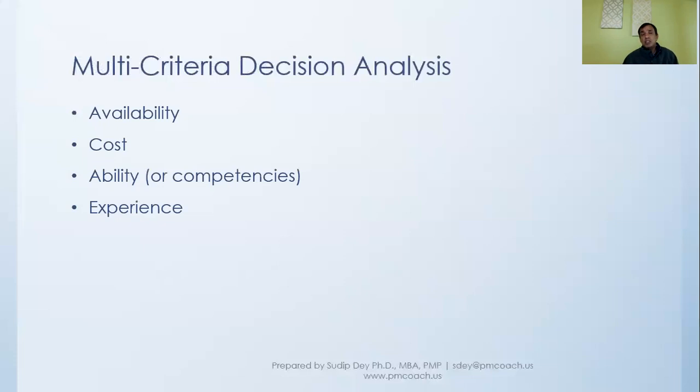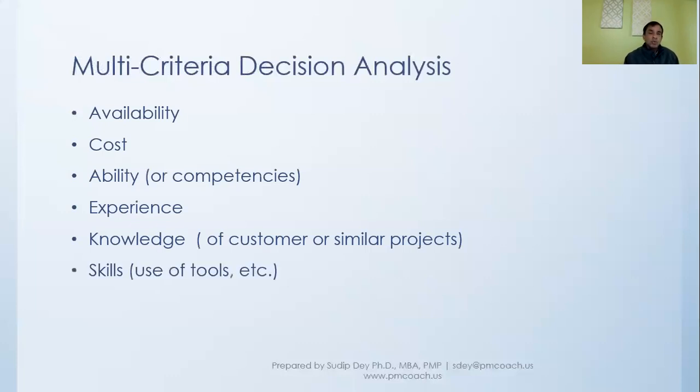Does the experience of that resource match up to what we really need? Or what is the knowledge of similar projects or customers this resource has? How skillful is this resource in the use of tools that will need to be used in this particular project?